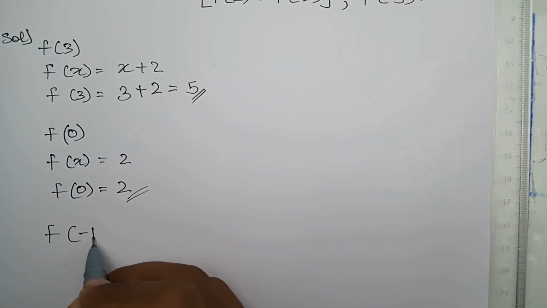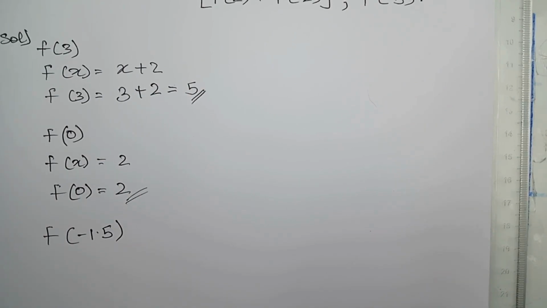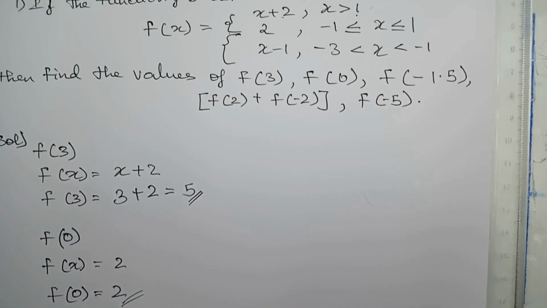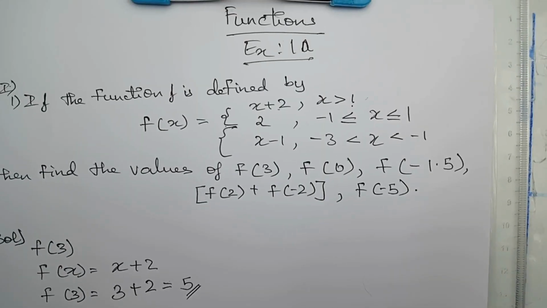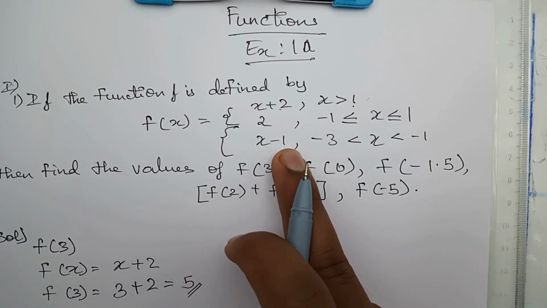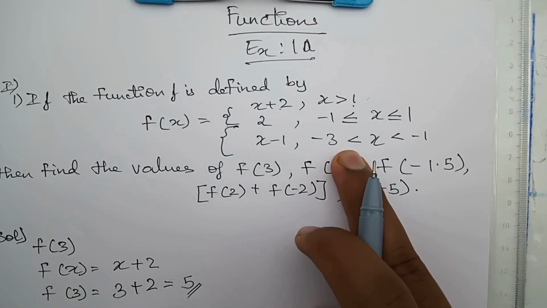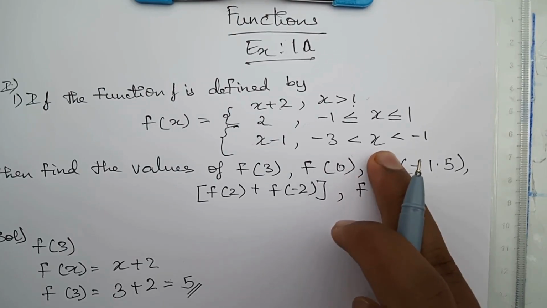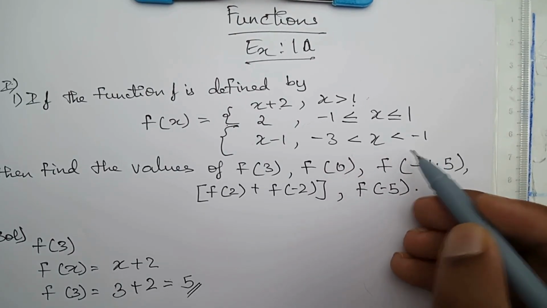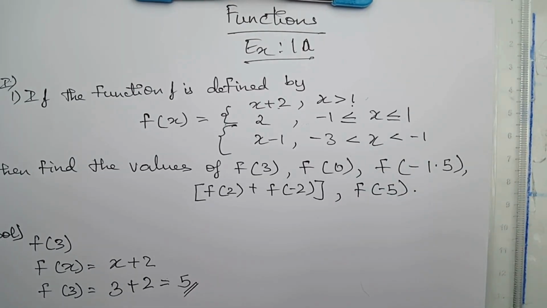Okay, the third one, which is f of minus 1.5. Minus 1.5 means the solution for this question is in the third condition. We'll check it out. In this third condition, f of x is equal to x minus 1. Here the condition is minus 3 less than x less than minus 1. Minus 1.5 is in between minus 1 and minus 3, right?